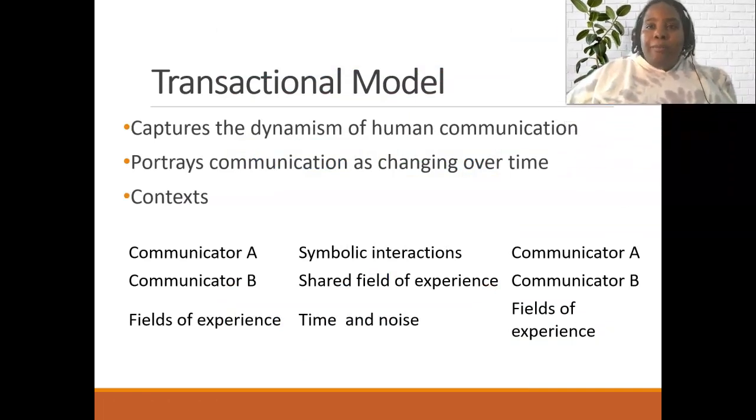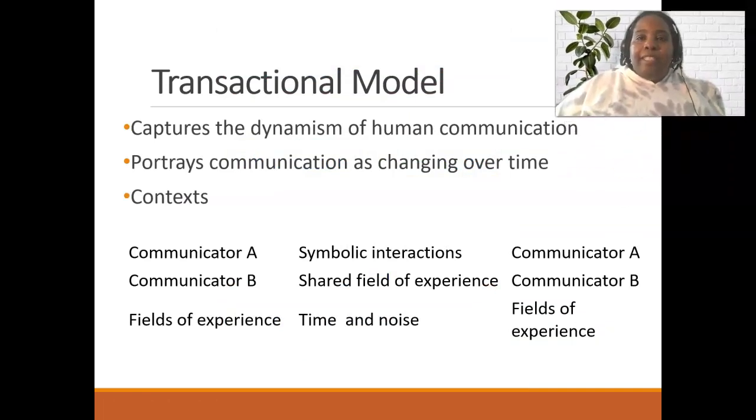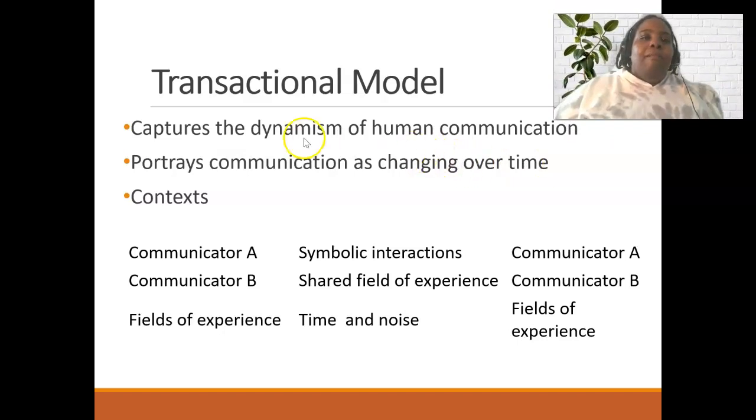So here are some more characteristics of the transactional communication model. It captures the dynamics of human interaction. Communication changes over time. I've mentioned asynchronous and synchronous communication as well, and how that influences communication. So the communication techniques change if you're in the same room or if you're speaking at the same time because you can catch tone and inflection and context a little bit more clearly.